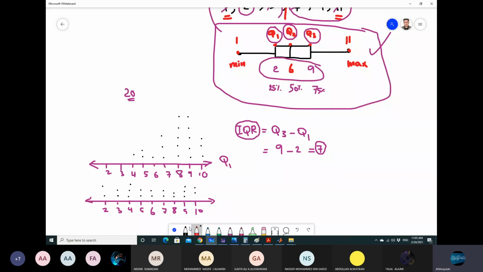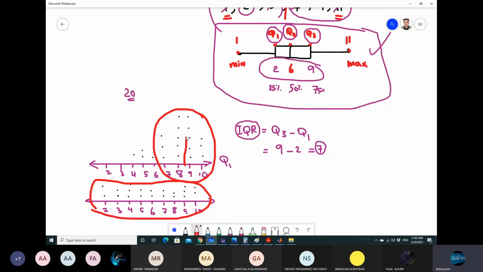The data values here are spread out. And look here, the data values are clustered here. If you calculate the mean, maybe the mean here is 8.5, and the mean here is 5.5.